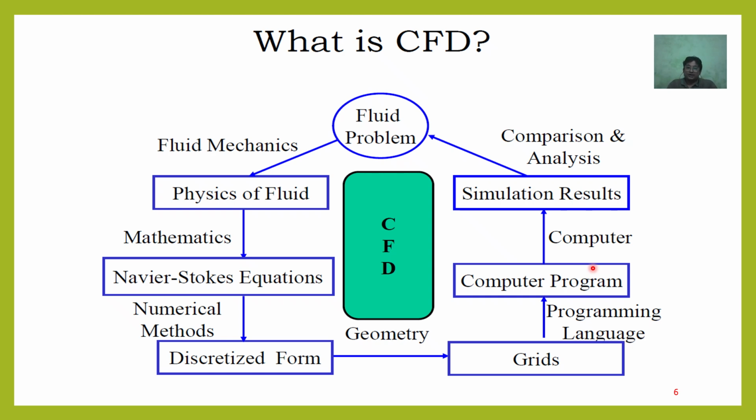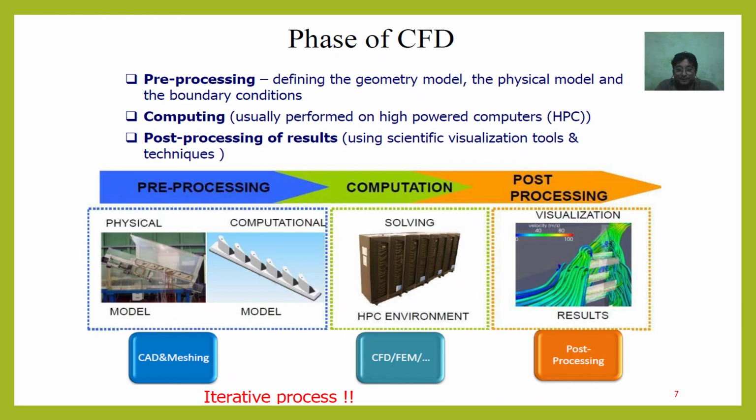How we are going to get the result, and what results we got, is exactly relevant to us. So this whole schematic diagram tells us that for the fluid problem that we have, with the help of physics, mathematics, geometry, and computer language, we will be saying whether it is working in a proper mode or not. So this is the whole aspect we will try to observe in the CFD class.